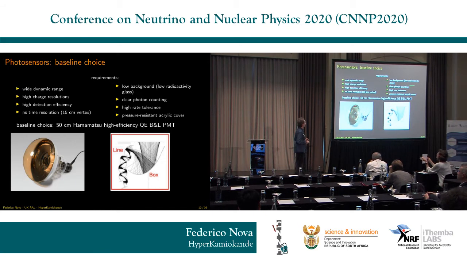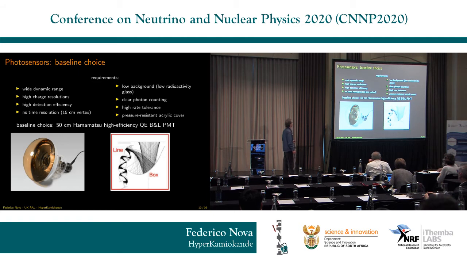And the interesting point is that because Hyper-K will be almost 80 meters tall, which is quite scary, twice as much as SuperK, there will be a tremendous pressure at the bottom. And in SuperK, the tubes already exploded. So for Hyper-K, we need to make sure that they're pressure resistant.